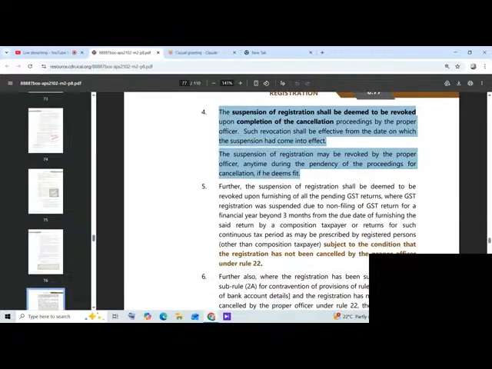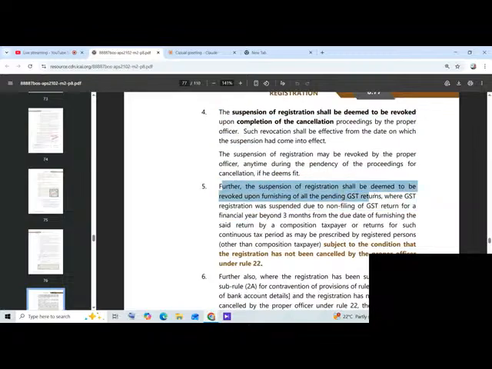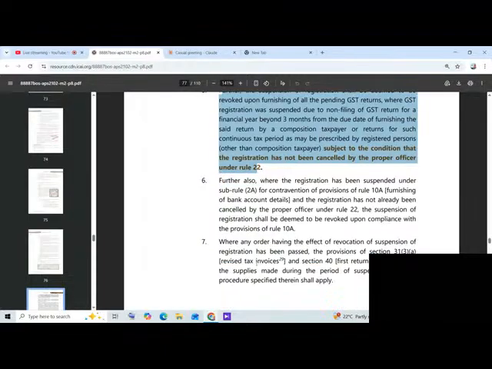Further, the suspension of registration shall be deemed to be revoked upon furnishing of all pending GST returns, where GST registration was suspended due to non-filing of GST return for a period for a financial year beyond 3 months from the due date, furnishing said return by composition, or for such continuous taxpayer as may be prescribed by registered person, subject to the condition that the registration has not been cancelled by the proper officer under Rule 22.